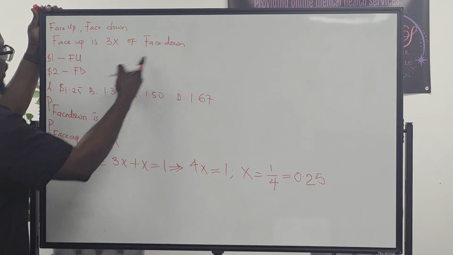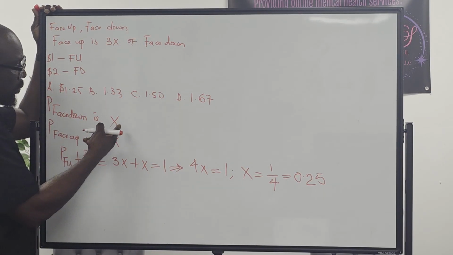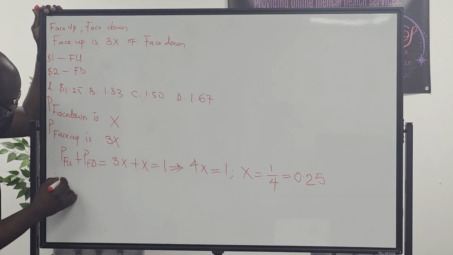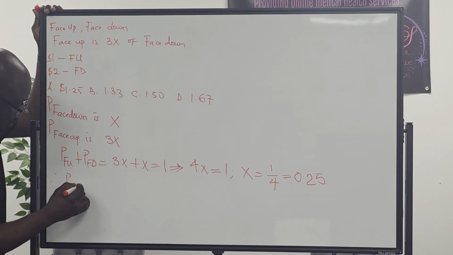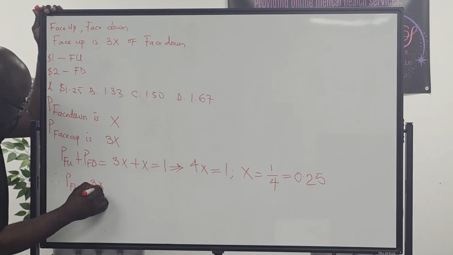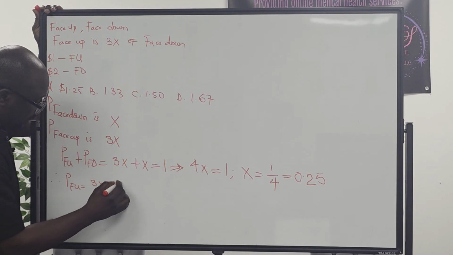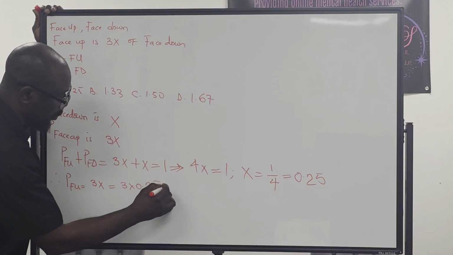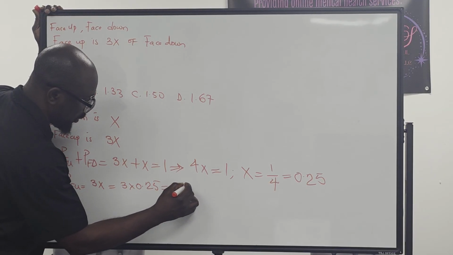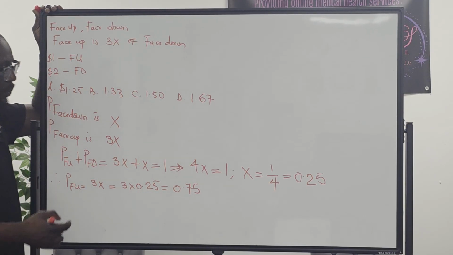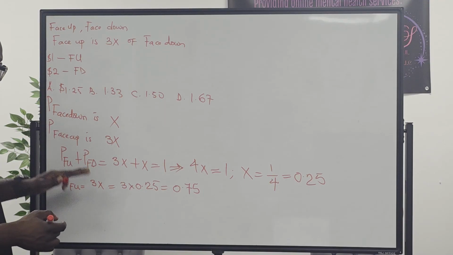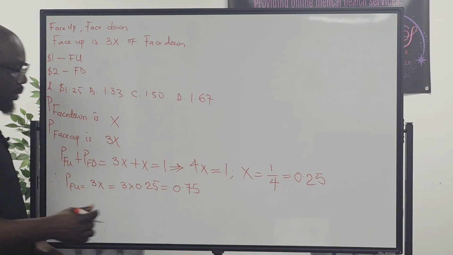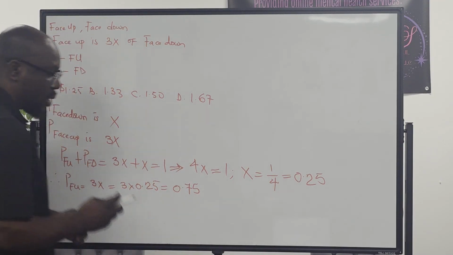So the probability of face down is 0.25. Therefore, the probability of face up is going to be 3 times x, which is the same thing as 3 times 0.25, which is 0.75. So that is the probability of face up, and this right here is the probability of face down.